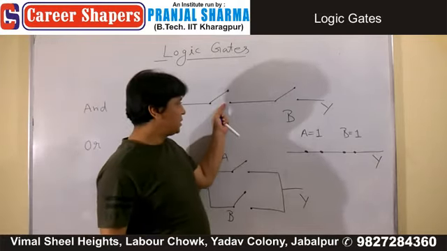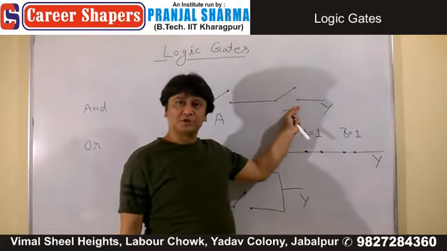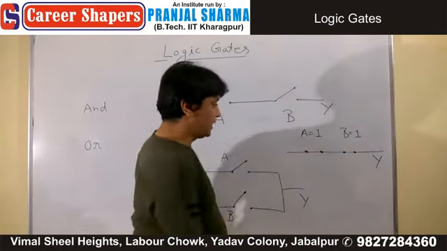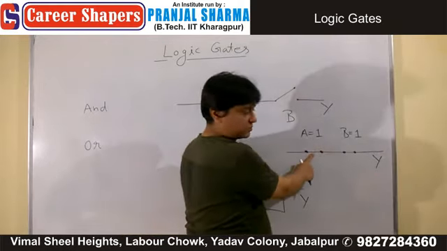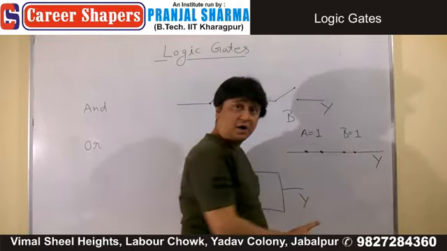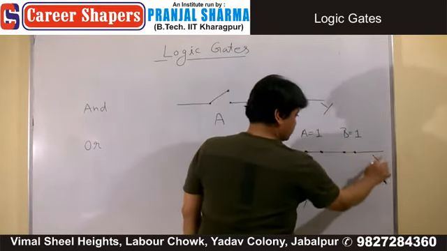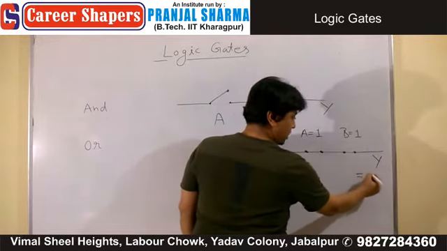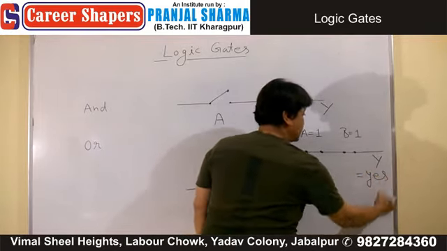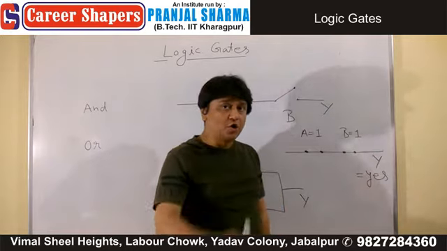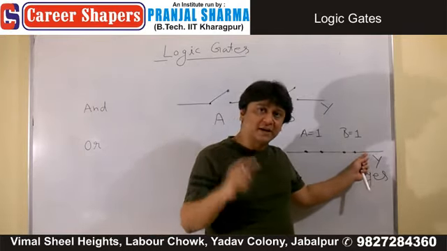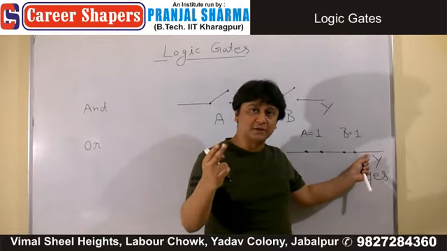So, if somebody closes this switch, and current is coming from this side, you know that current will pass through this part, which means this Y now becomes what? Yes. Value of Y is what? Yes. If I ask you, would you expect a current over here? You will say yes.